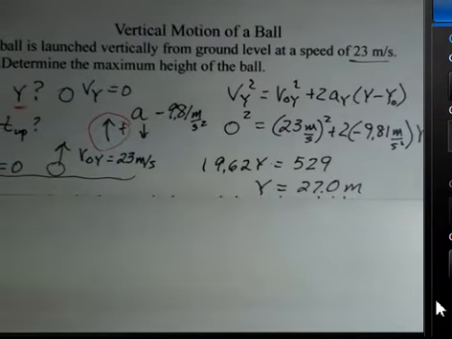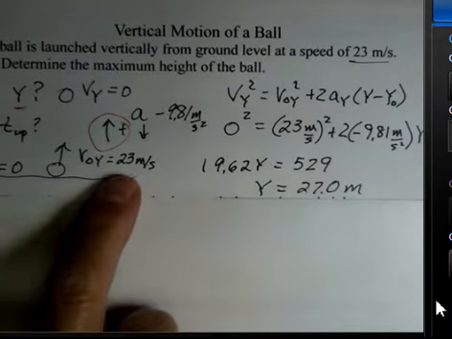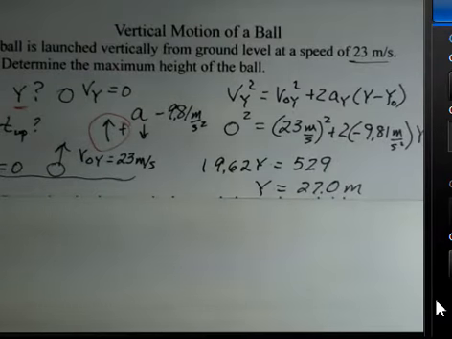Take a square root of that, and we get 27.0 approximately meters for the maximum height. It's a reasonable number. Roughly, this is 90 feet. We don't need to calculate it exactly, but roughly 3 feet per meter. This is roughly 30 meters, 90 feet. That's a reasonable height for an object going nearly 50 miles an hour. 23 meters per second would convert to nearly 50 miles an hour, approximately 50.